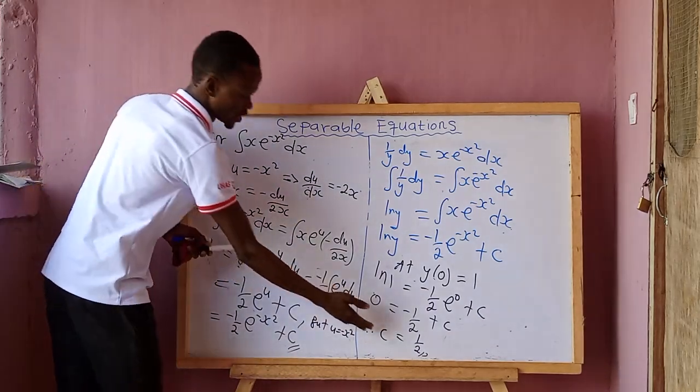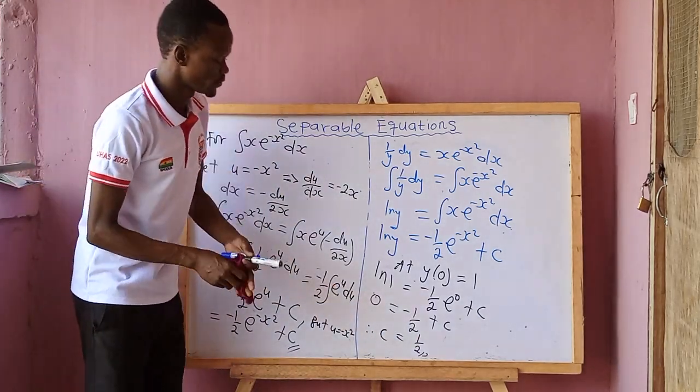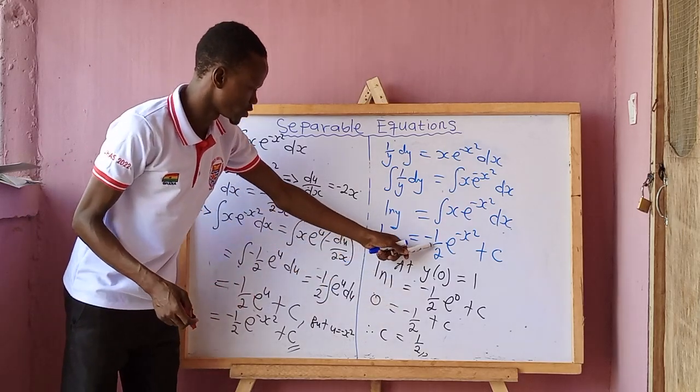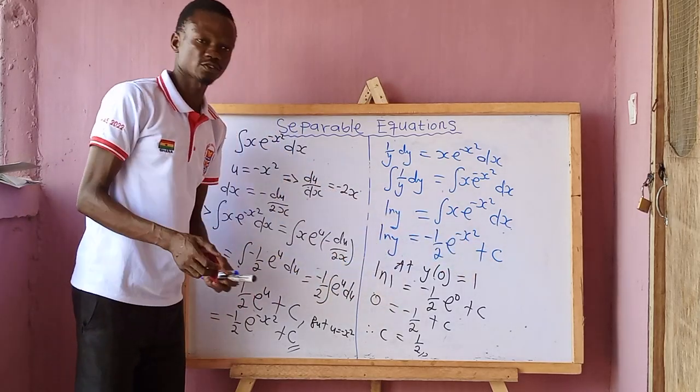So now that we know c is half, we can put c back into the general solution here, and then we obtain the particular solution.